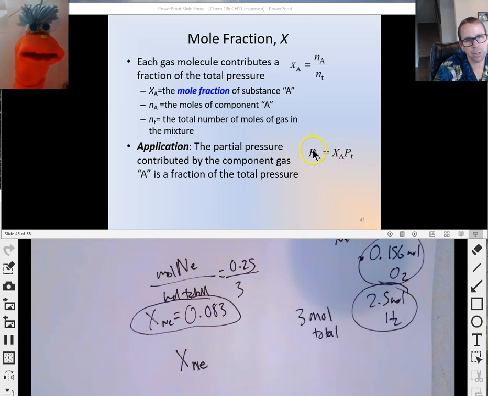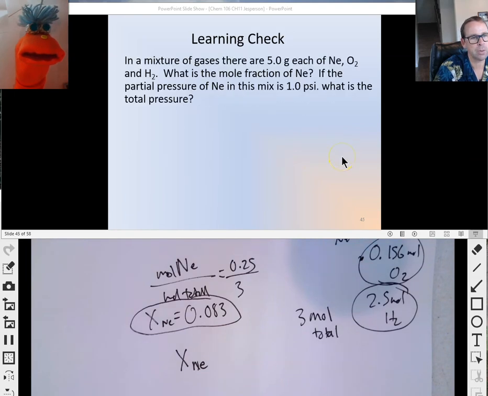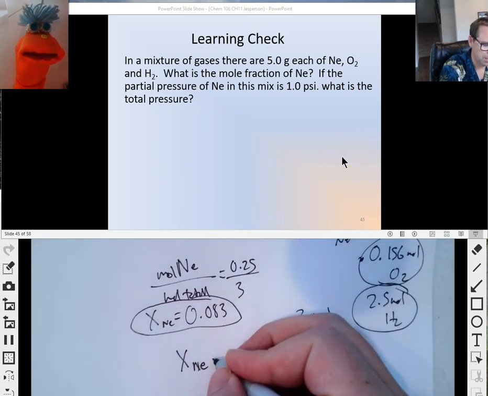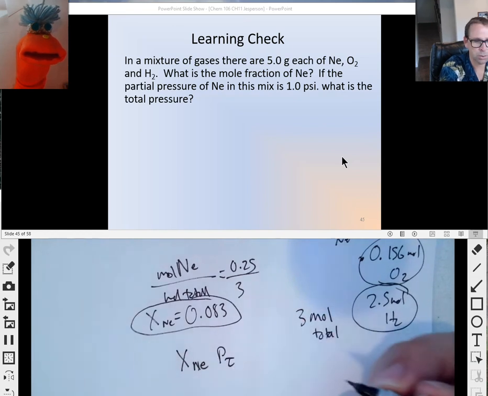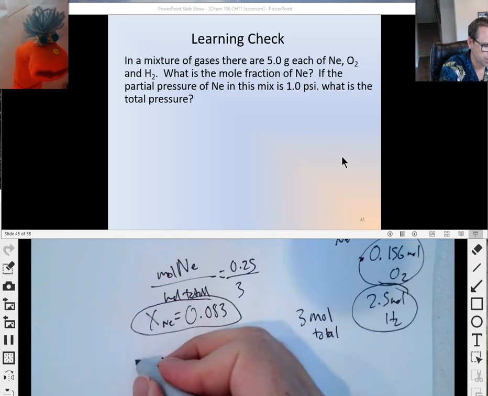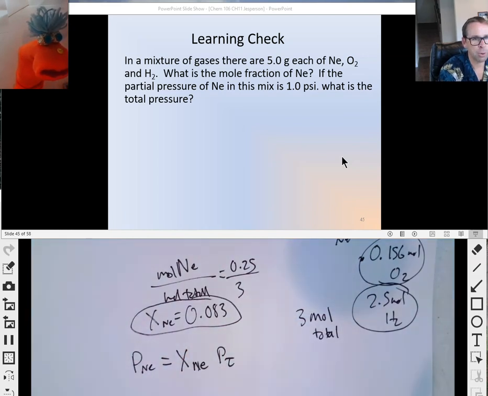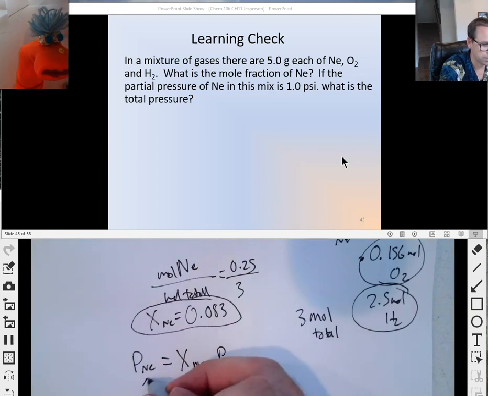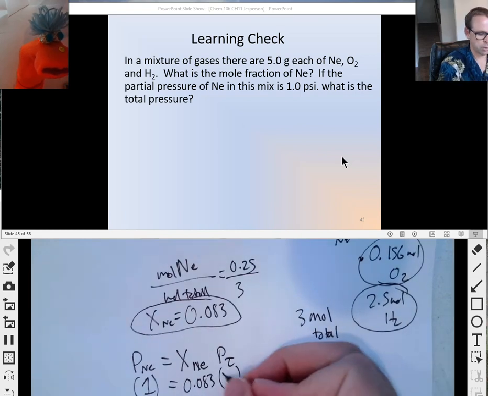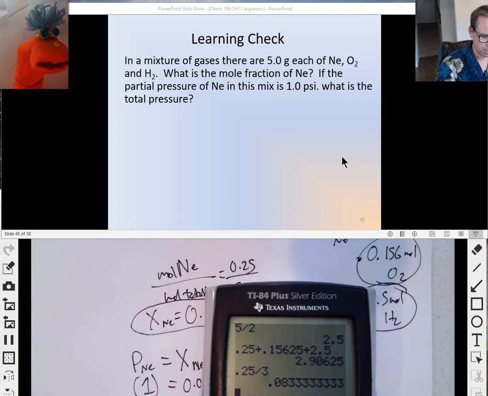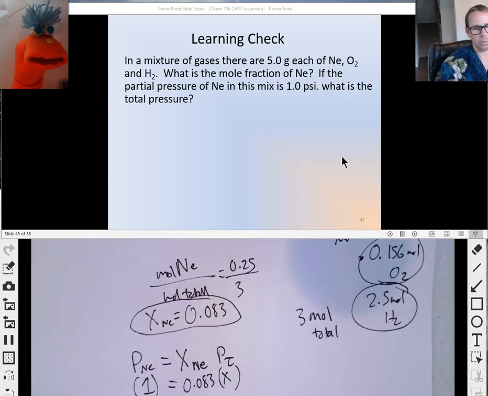So if I'm told the partial pressure of the neon is 1, and my mole fraction is 0.083, I can solve for the total pressure by taking 1 divided by 0.083. So 12 will be the total pressure.